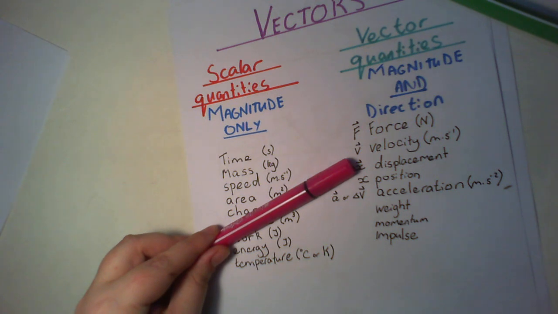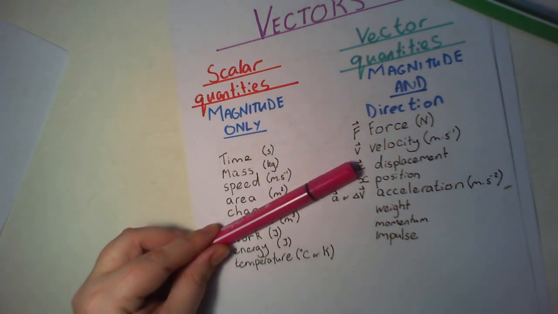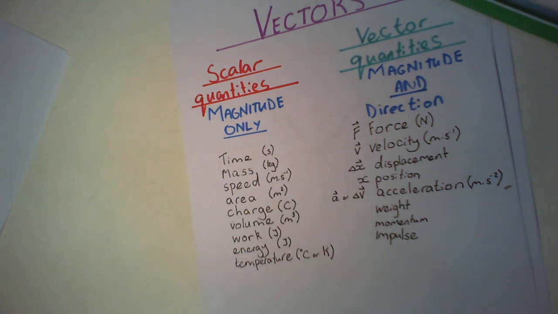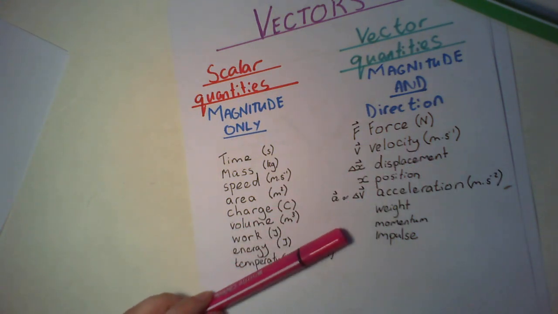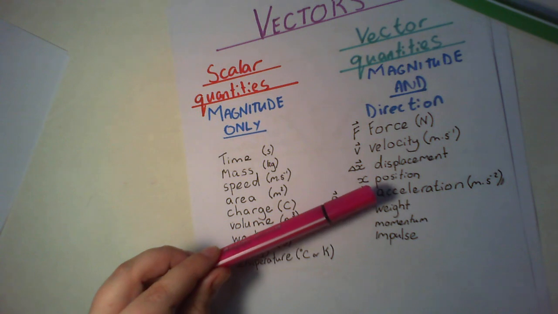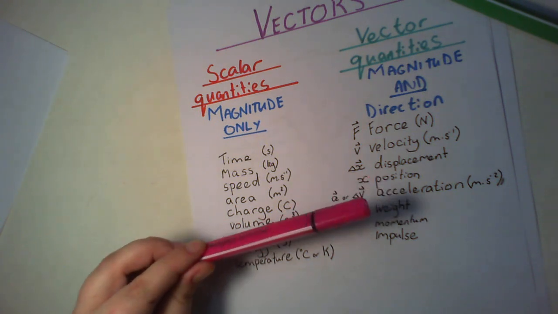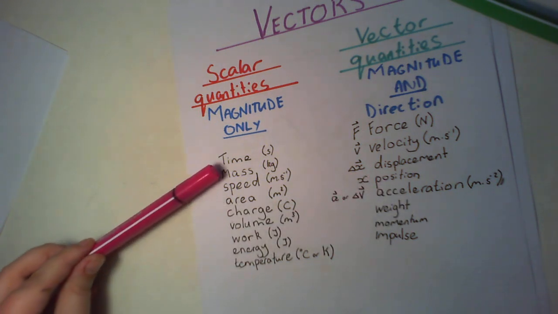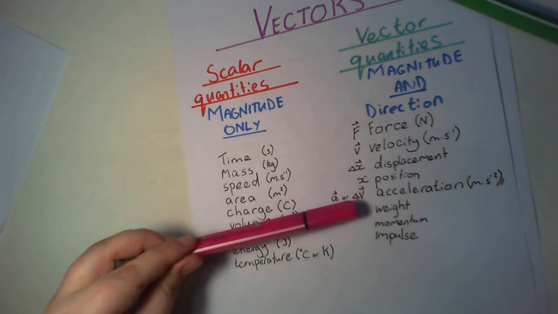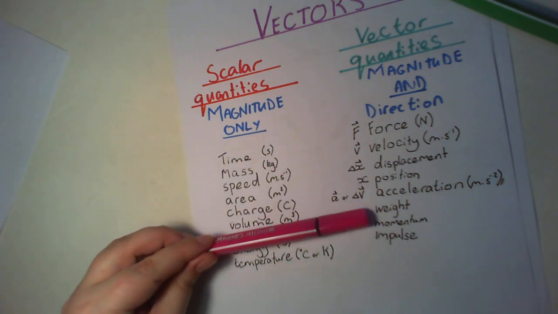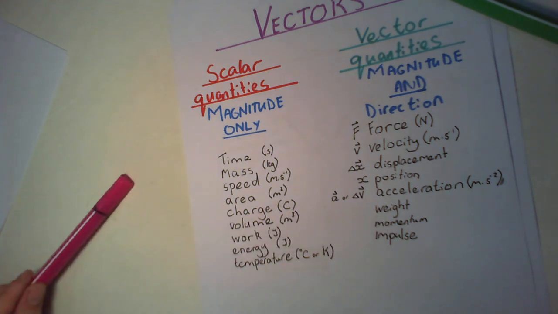We have displacement, which is similar to distance, but while distance only has a magnitude, displacement has a direction. Position, acceleration, weight. Weight is similar to mass. However, weight is a special kind of force, so it has a direction. Momentum and impulse.